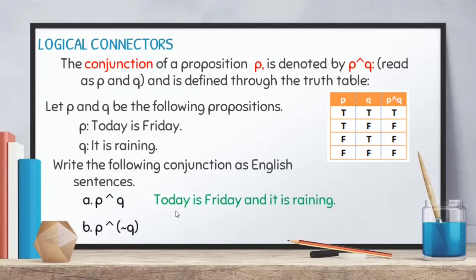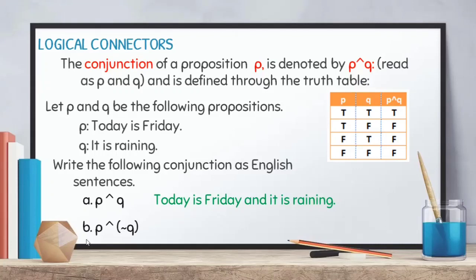Our proposition P, today is Friday, and our proposition Q, it is raining. But then they are connected with our conjunction or connective, which is the word and. Okay? So this is how you write your symbol using your English sentence.